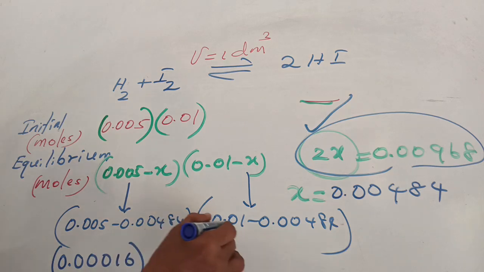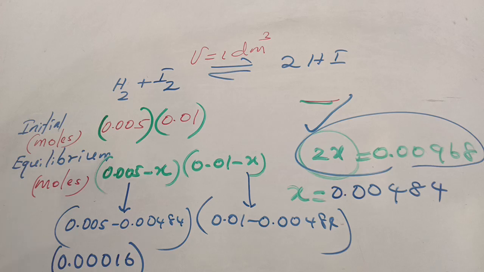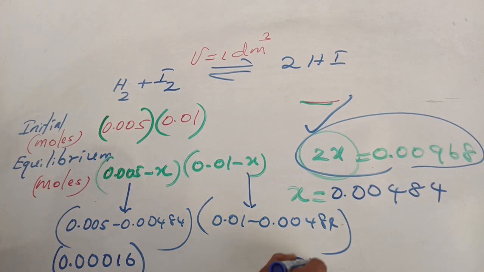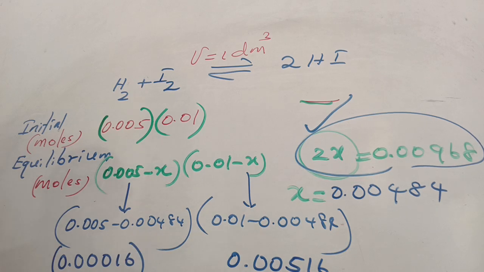At the same time, 0.00516 would be the amount remaining for iodine.